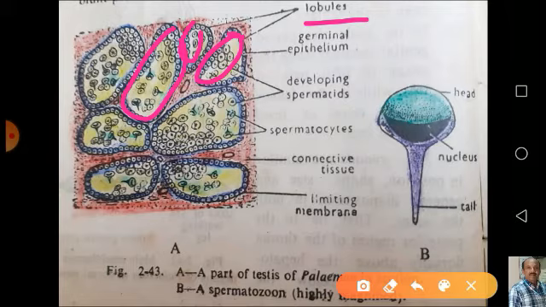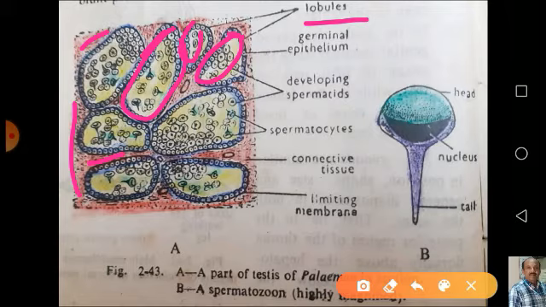These tubules are held together at their places by dense connective tissue in between. Here you can see this is connective tissue in between. So this connective tissue keeps the lobules in place, and each lobule cavity is surrounded by a single layered germinal epithelium.